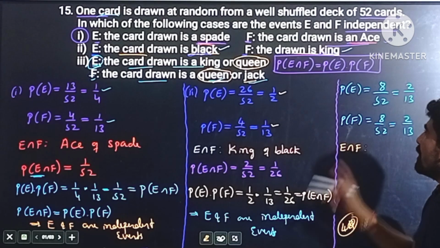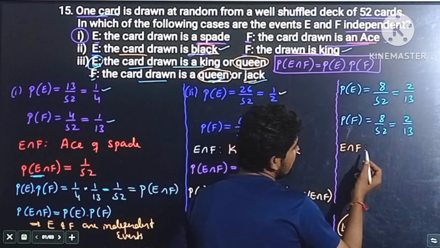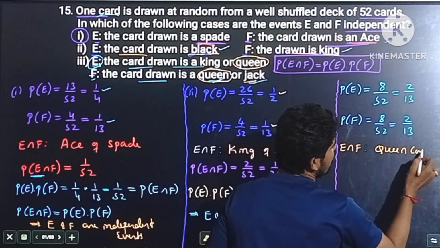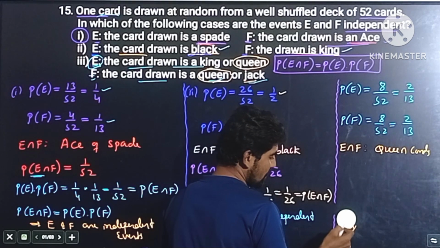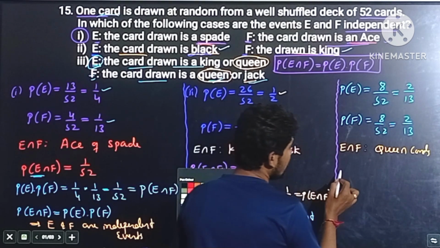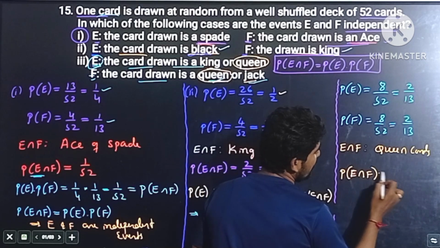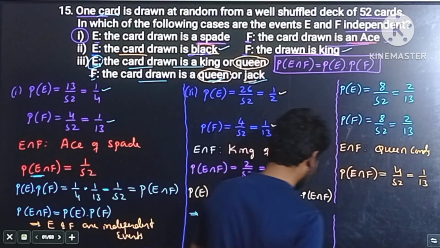So the cards in E intersection F are queen cards, and therefore the probability of getting a queen card is 4 divided by 52, which is equal to 1 by 13.